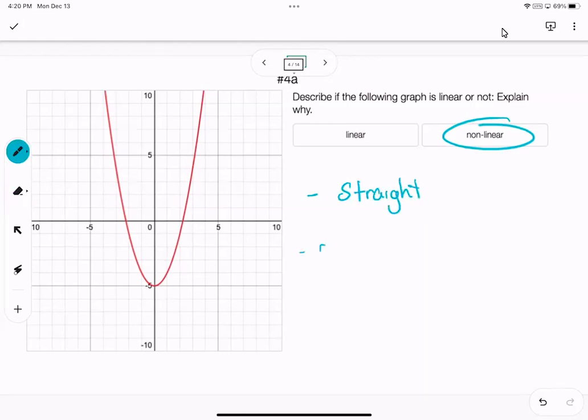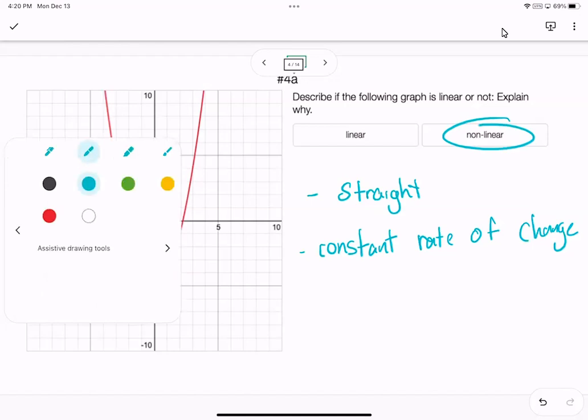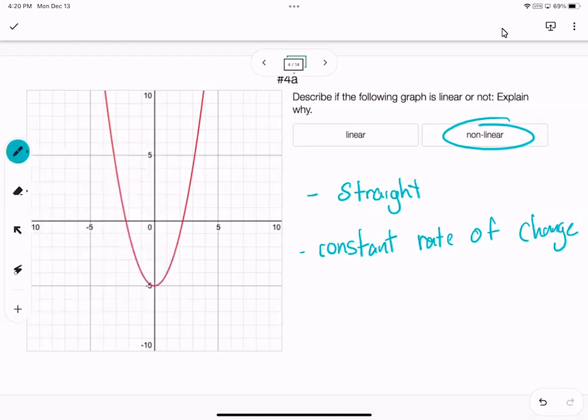And it has to have a constant rate of change. So this is not straight, and the rate of change decreases, then increases. So this is not a linear line.